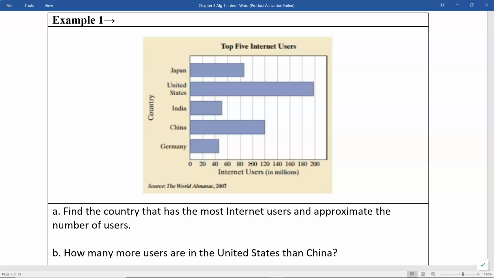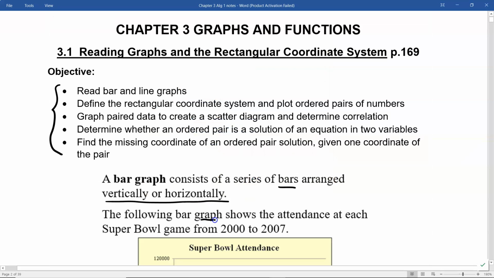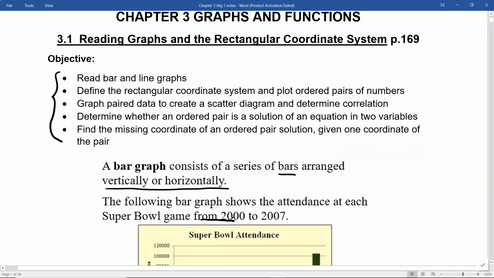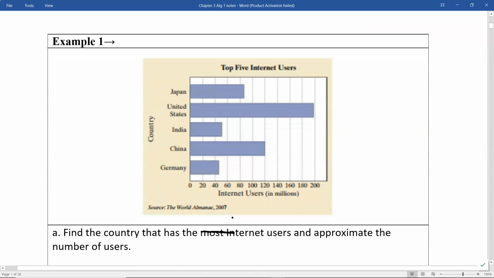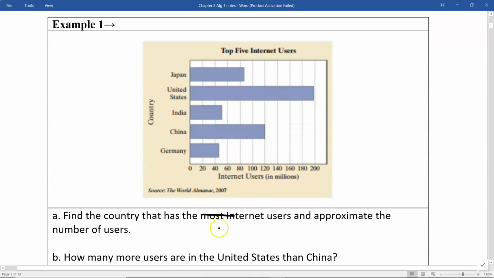So in this case, our bars are horizontal, not vertical. So that means that the most internet users will be farther to the right on this graph, on this bar.